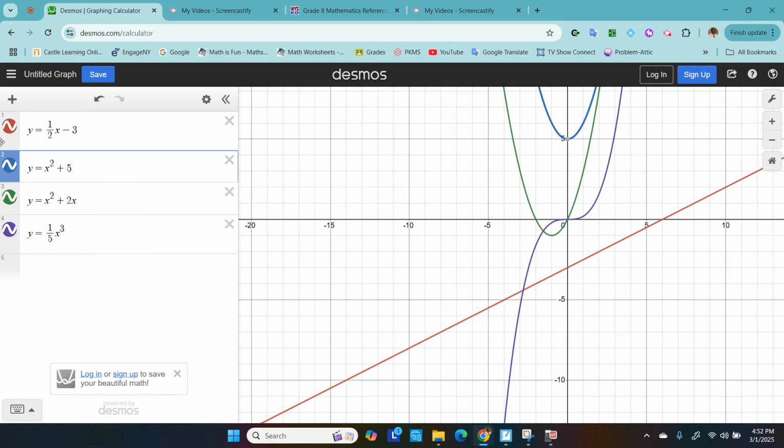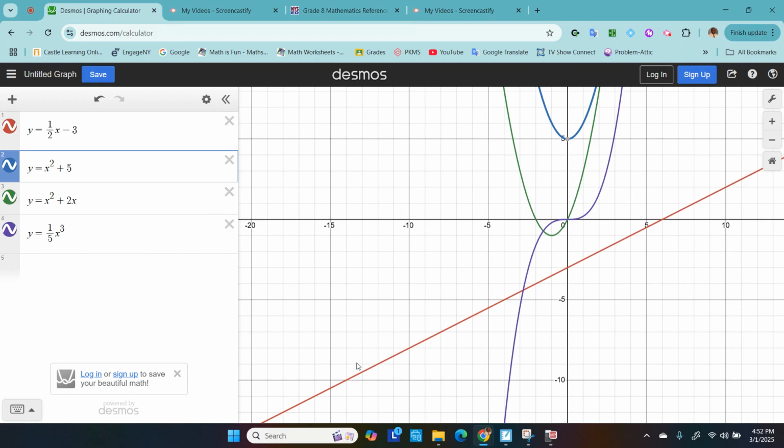So there's the colors that match up. The red straight line was the line we were interested in. That's why it's linear. Here's the 2 and 3. Those 2 were parabolas, and the third was a cubic.